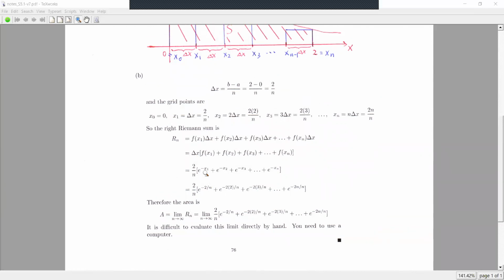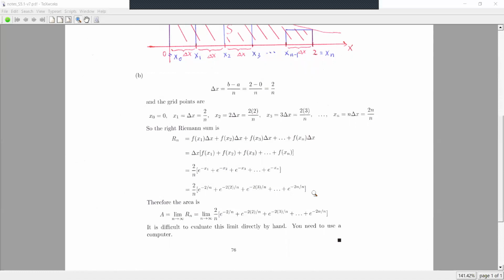Now plug in the values of the cutting points. x1 is 2 over n, so plug in 2 over n for x1 to get this term. x2 is this number. Plug it in to get the second term, and the third term, and the last term, and so on.